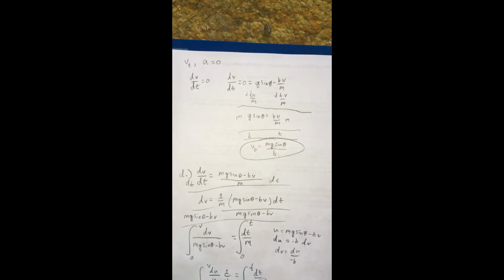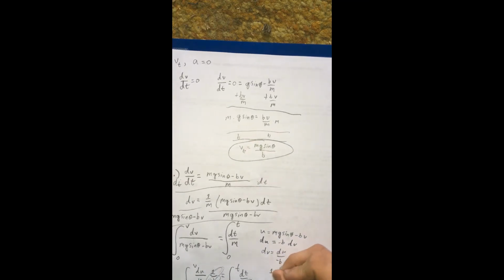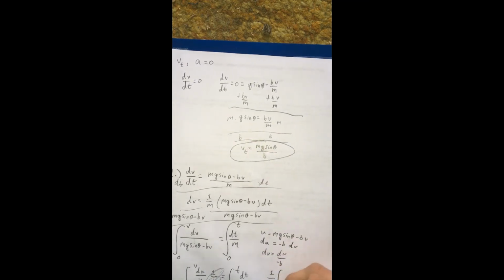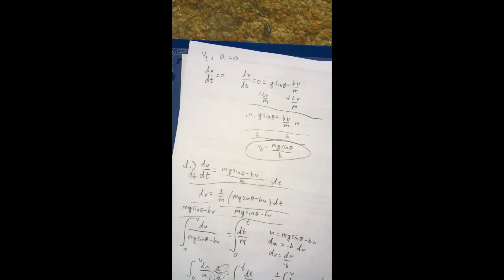Now, we can factor this m out of the integral here and the 1 over negative b out of the integral on this side. So we get 1 over negative b integral from 0 to v of du over u is equal to 1 over m times the integral from 0 to t of dt.